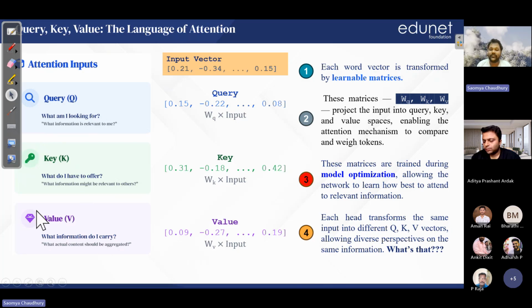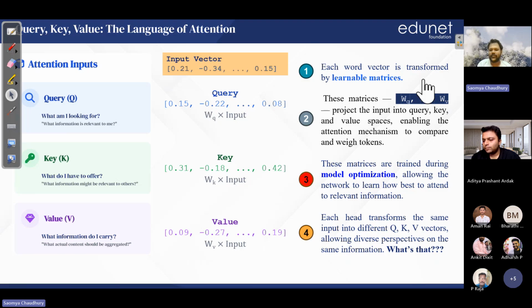These three are individually matrices to be thought of. You can see here there is an input vector, you have a query vector, a key vector, and also a value vector.